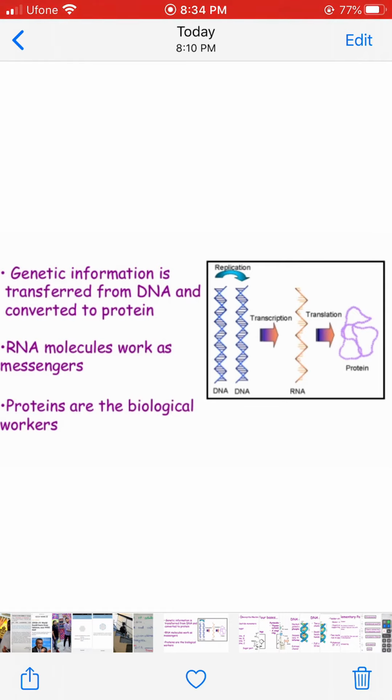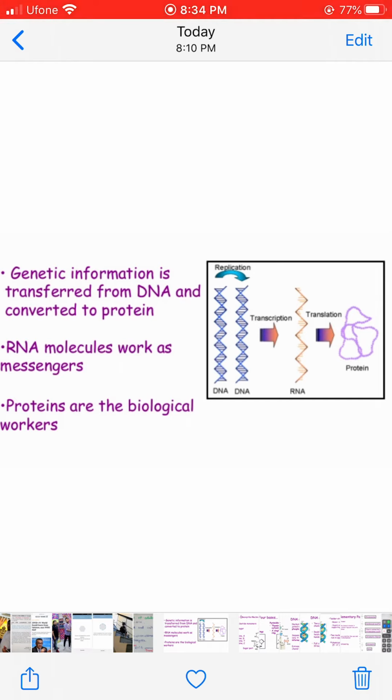And what are proteins? This genetic information which is present in the form of DNA is finally converted into proteins. So these proteins are the biological workers. Genetic information is organized in DNA, and when it is transferred into biological workers, all the physiological activities are done with the help of proteins.